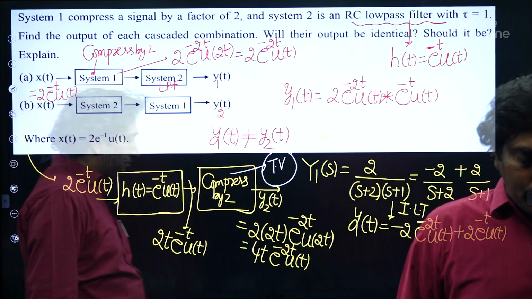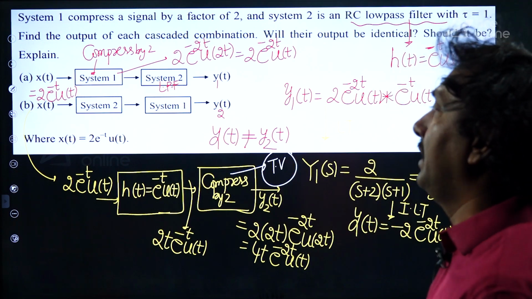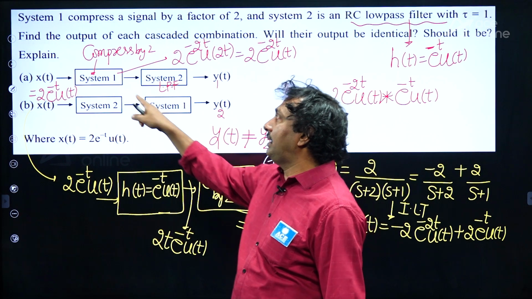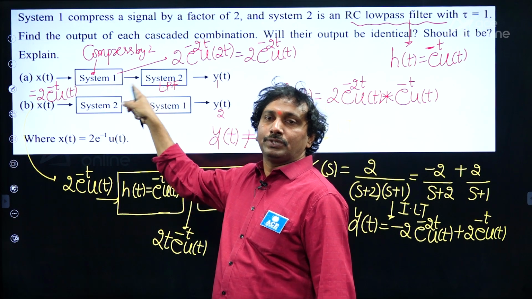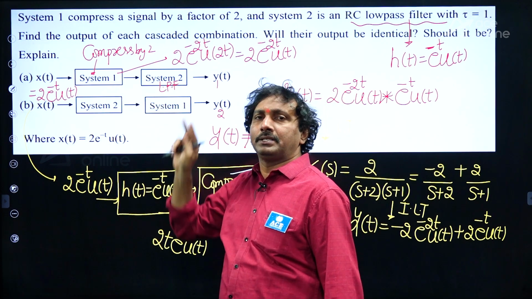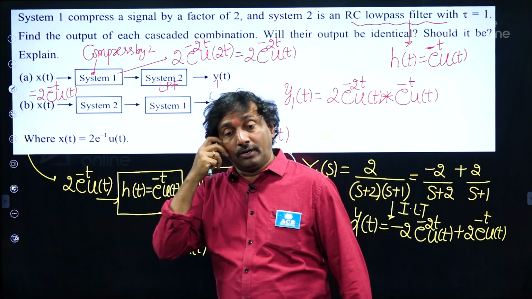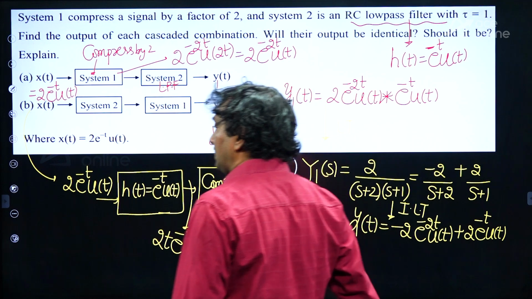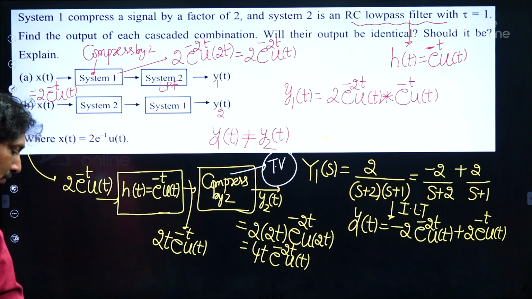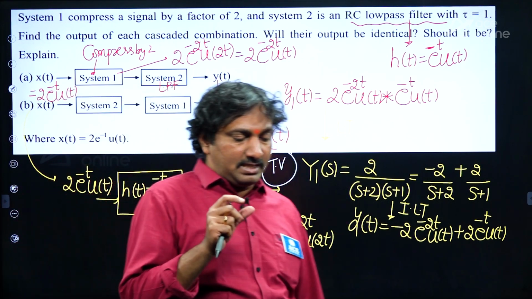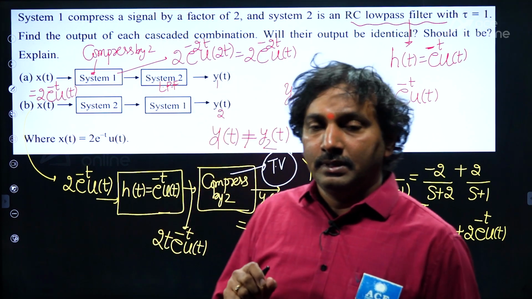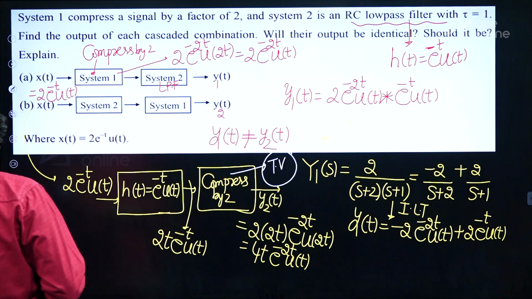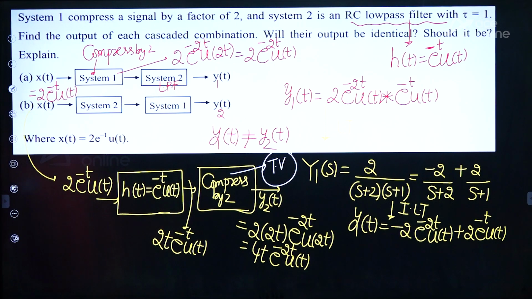But if the two systems are individually LTI, we can blindly interchange the blocks. That is what we learn even in controls: G(s)H(s) is H(s)G(s), if the considered systems are LTI.